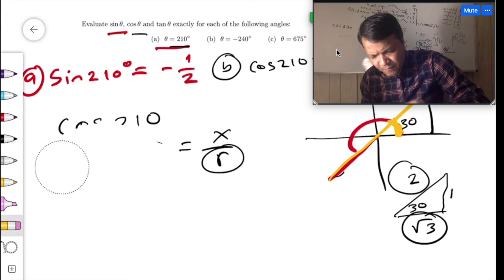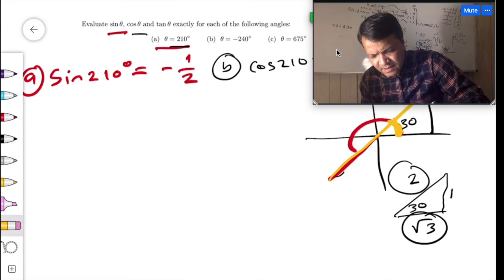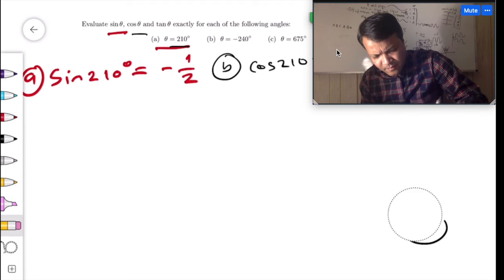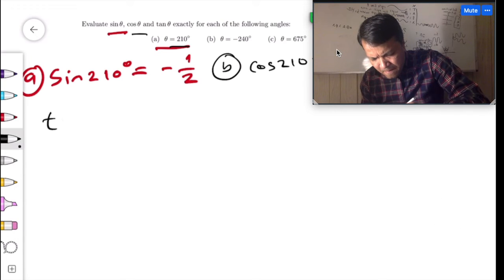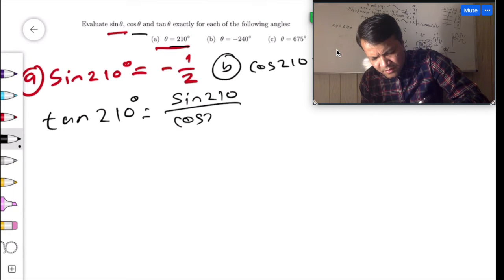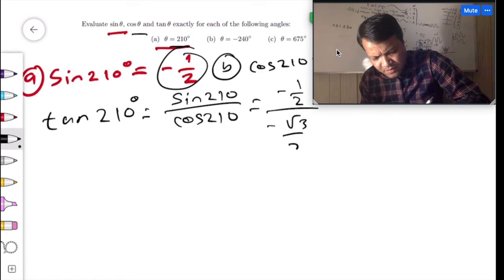Okay, now we're going to find tangent 210 degree. Tangent 210 degree is equal to sine 210 over cosine 210, which is negative 1/2 over negative square root of 3 over 2. We flip that: negative 1/2 times 2 over square root of 3.